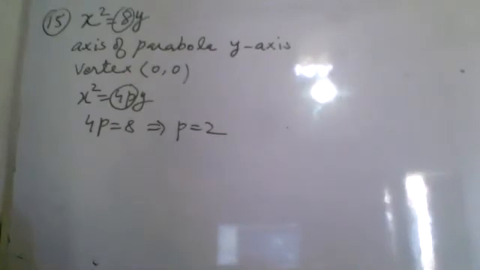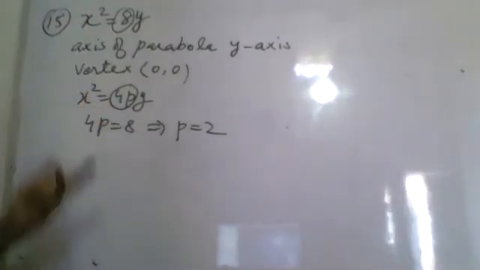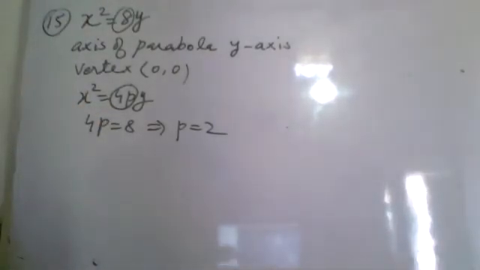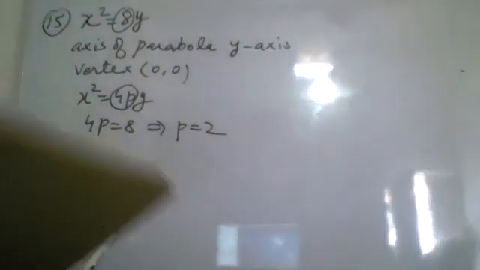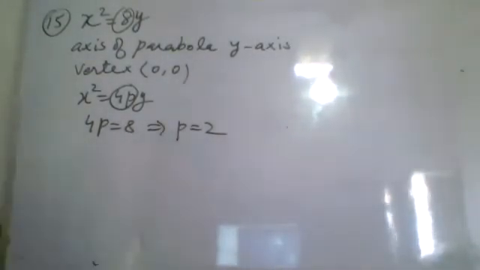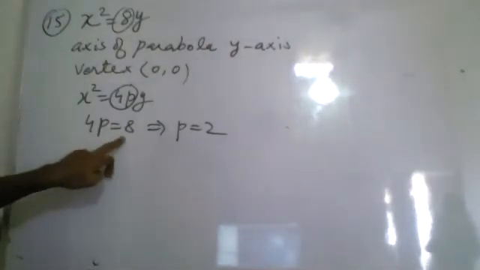Sir, this p is always half, right? I explained the equation: 4px, 4py, and so on. So that is equal to 4p. We'll find the value of p by comparing the two equations, so this is the 4p. 4p is equal to 8, so p will be equal to 2.